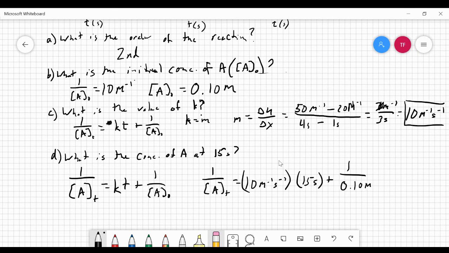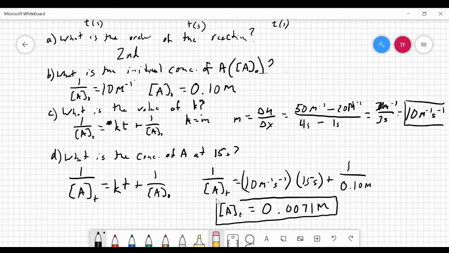So now all we have to do is do the algebra to solve for the concentration of A. I am not going to go through all that algebra, but you can do it on your own just to make sure you know what you're doing. And if you solve for the concentration of A, you will get 0.0071 molar. And that is the initial concentration of A. I mean, sorry, not initial concentration. That's the concentration of A at time t.